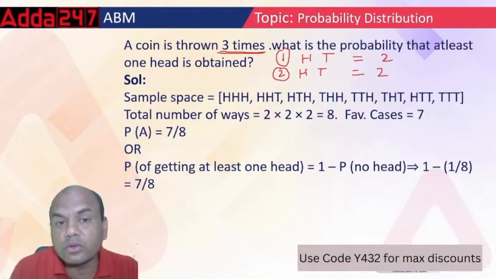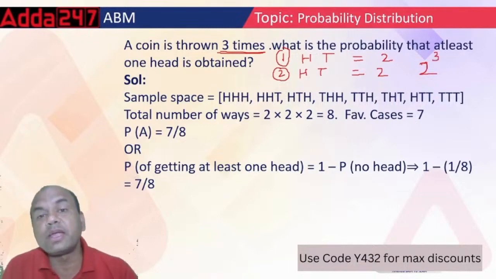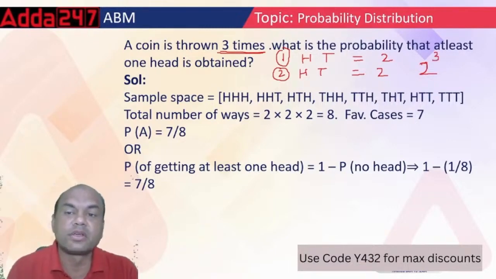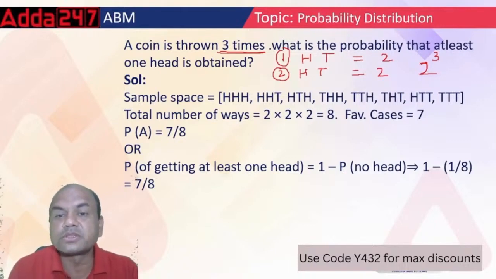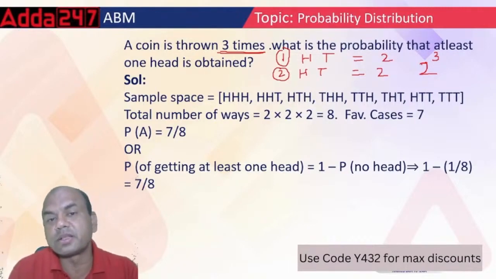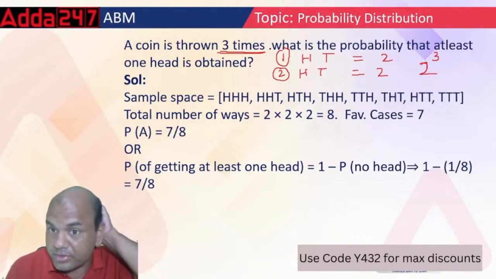If I throw the coin 3 times, the outcome is 2 raised to 3, so 8 possibilities. Suppose if I throw the coin 4 times, then it is 2 raised to 4, 16.